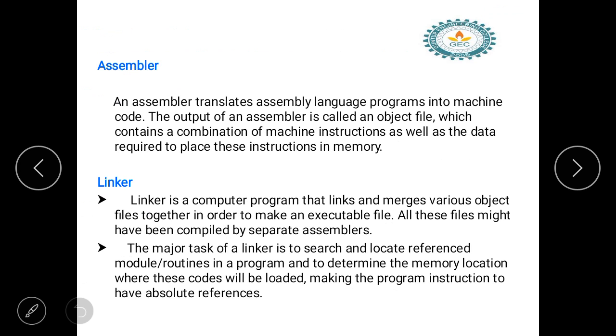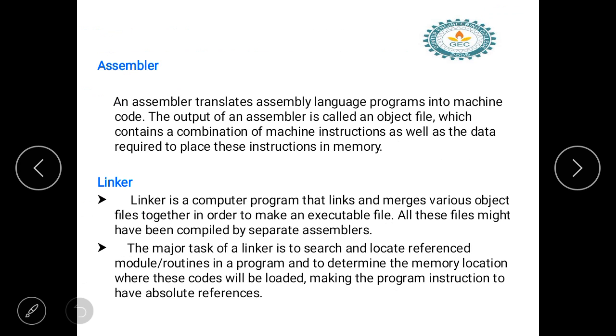Next one is the assembler. An assembler translates the assembly level program into machine code. The output of an assembler is called an object file, which contains a combination of machine instructions as well as the data required to place these instructions into the memory unit.